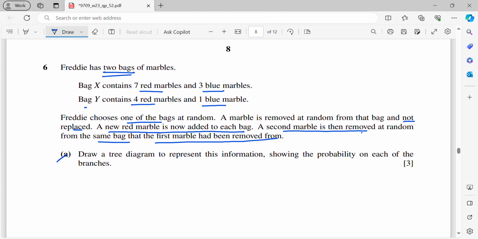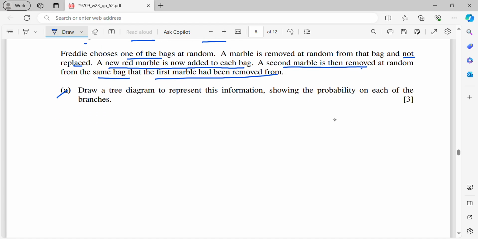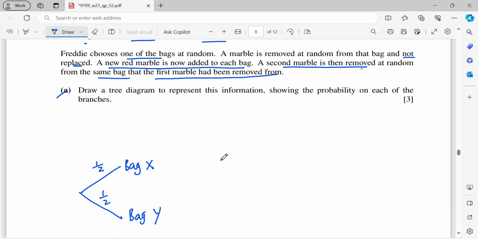So firstly, there are 2 bags. Bag X, bag Y. So probably I will just draw it here. This is bag X, bag Y. Okay, so each bag will be having same probability, half. Now for the bag X, there are 7 red marbles, 3 blue marbles.